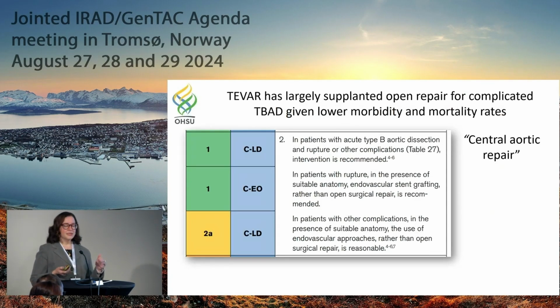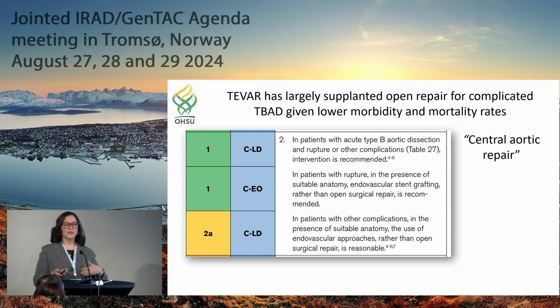The bottom line is if you have a complication that is a clear and present danger, central aortic repair is the mainstay, and that is with a TEVAR, or endovascular management, which we've now shown is a better option compared to open repair. That's not new data in the sense that if you look back at the data in the 50s, when people compared medical management versus open repair, medical management was superior.